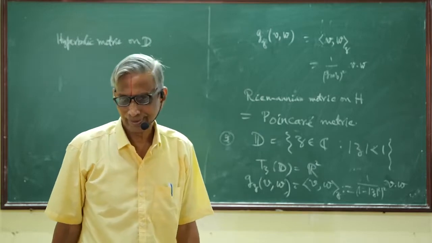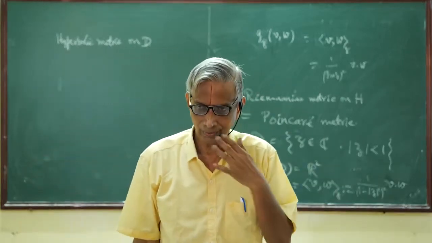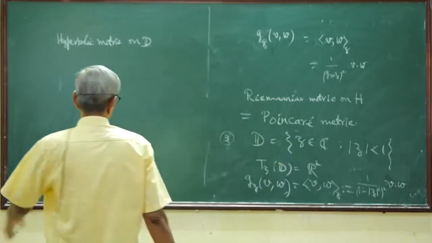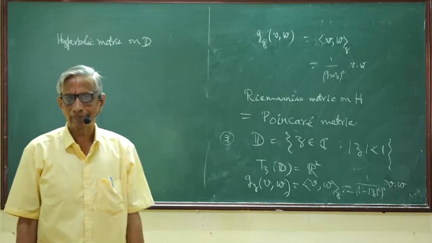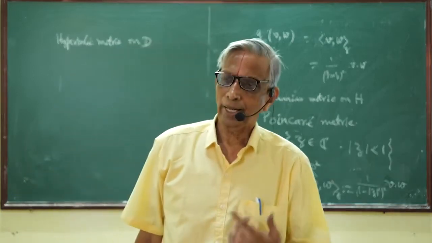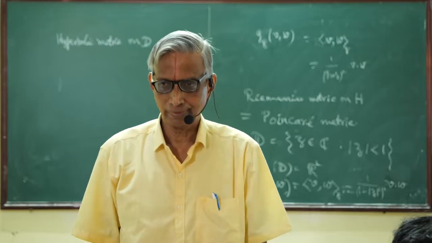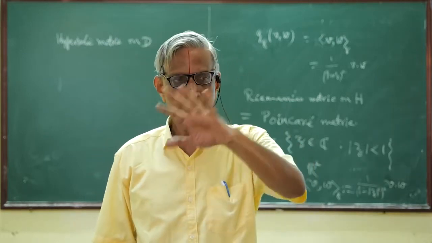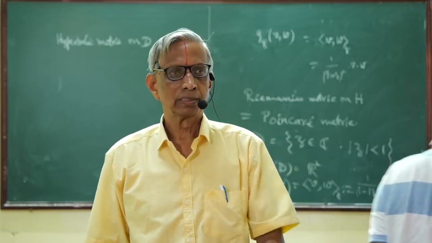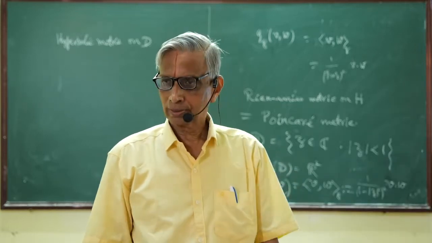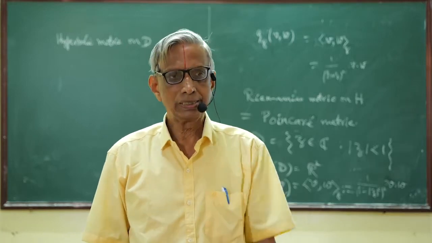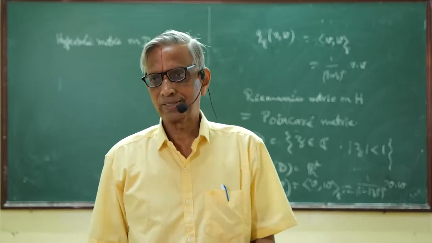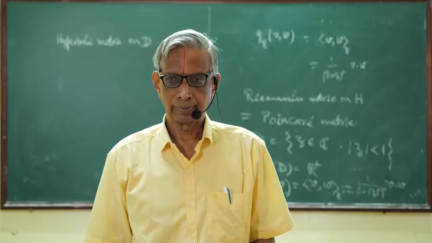The two pictures are essentially equivalent. So you have an isometry from one to the other. If you take this metric and compute the curvature, it's going to be -1, constant -1. So both the metrics, the upper half plane with the Poincaré metric or the unit disk with the hyperbolic metric, will both yield constant curvature -1.